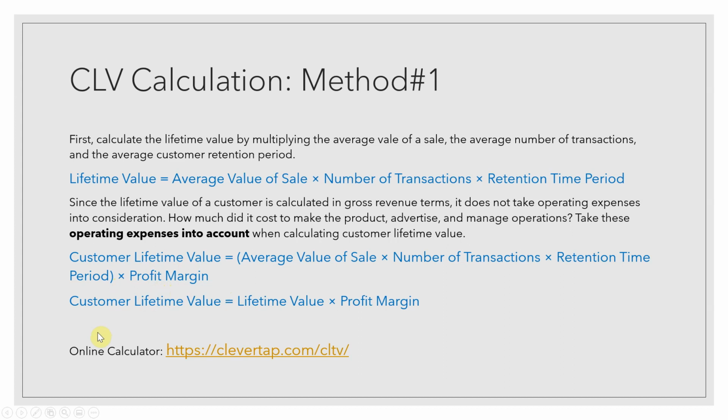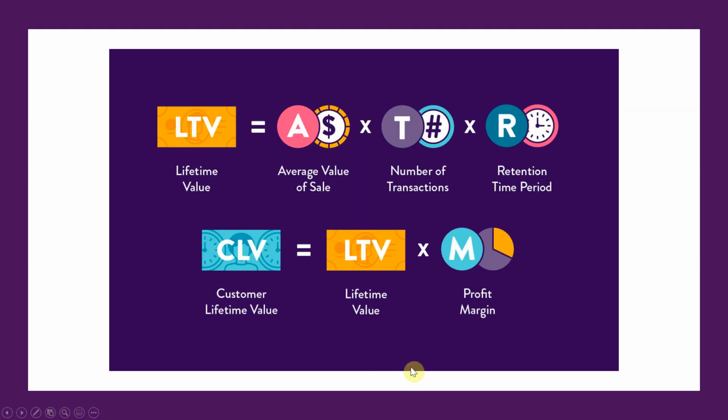And you can find an online calculator from this link. So visit the link and you can calculate lifetime value and customer lifetime value. So this is a good visualization of the formulas, lifetime value and customer lifetime value.